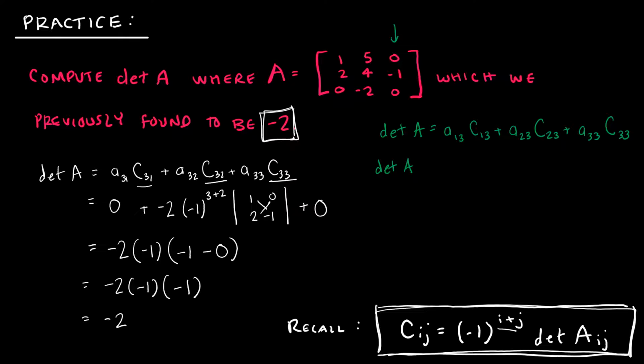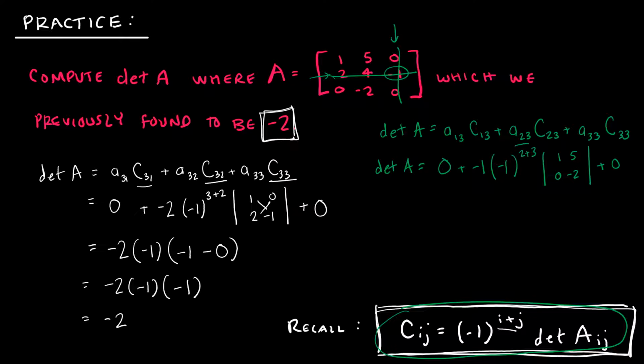A13 is 0, so again, I'm not going to worry about that. A23 is negative 1, because again, second row, third column. And then I have to come down here and say, that's going to be negative 1 to the 2 plus 3, and then the determinant of my matrix 1, 5, 0, negative 2. And then plus A33 is 0.